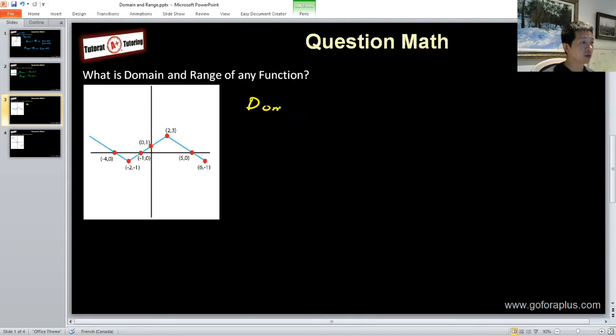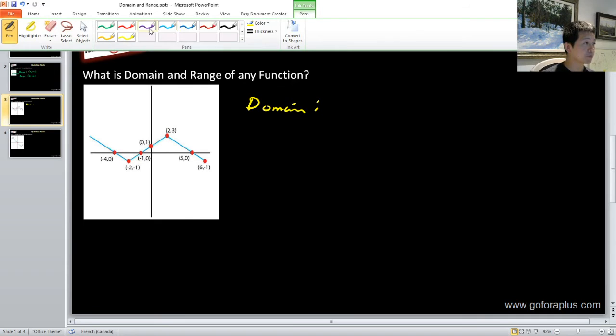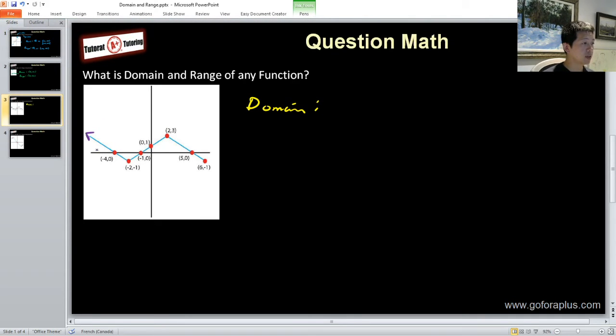What is the domain of this one? The domain is all the possible x values. This graph continues to go up until positive infinity vertically and negative infinity horizontally. The furthest point on this side is minus infinity for the x.